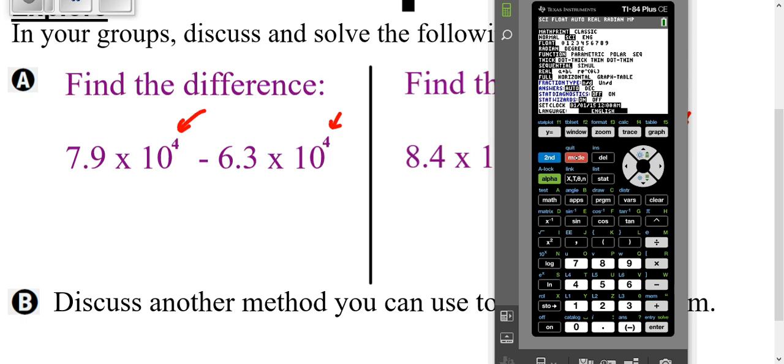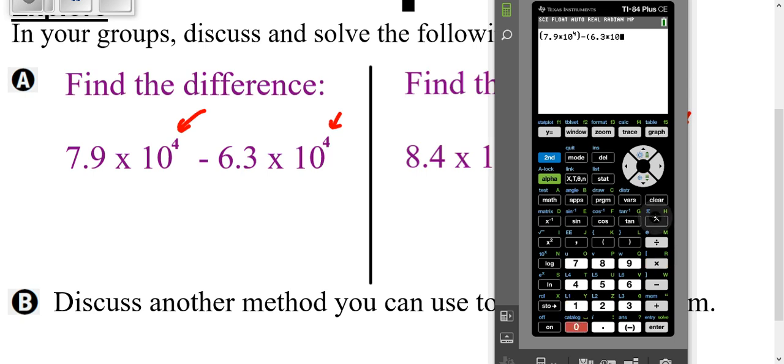So we want this in scientific notation mode, by the way, because if it's given to you in scientific notation, they want the answer back in scientific notation. So we have parentheses 6.3 times 10 to the fourth, and then go to the right once and close that parenthesis and then press enter, and you have 1.6.